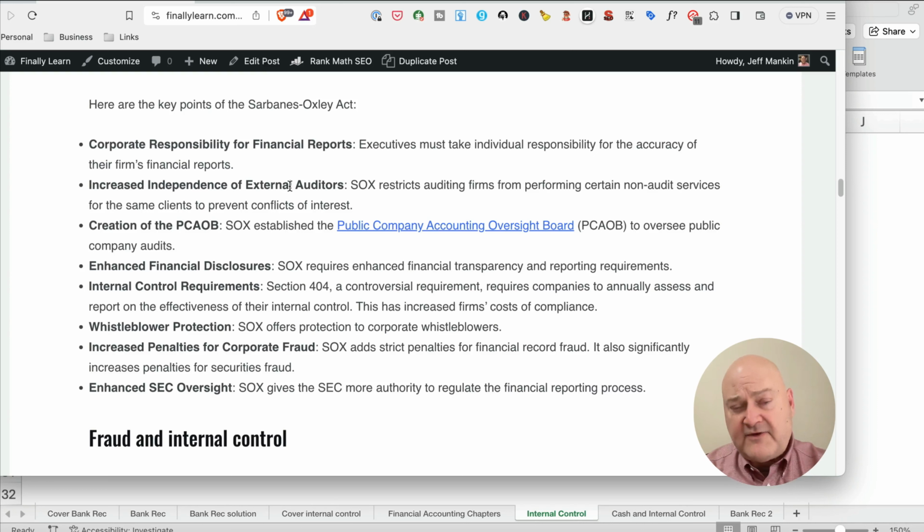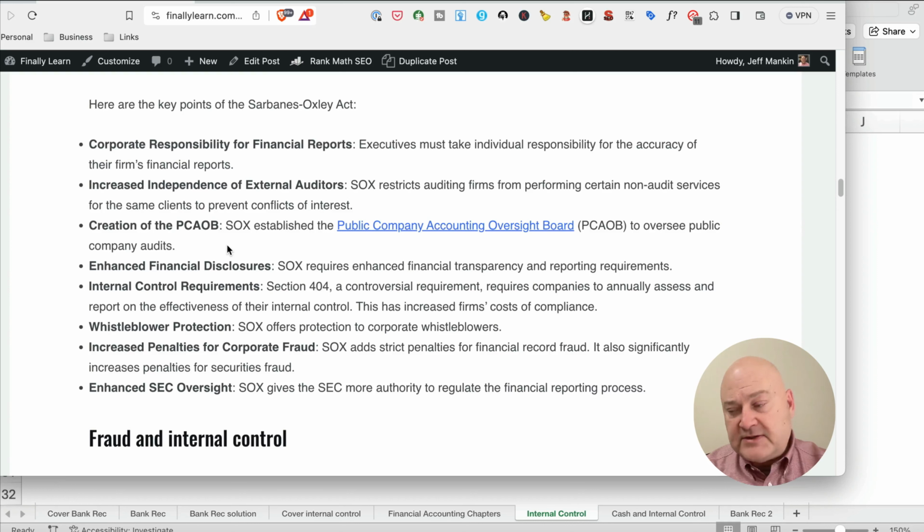You have to have an audit firm if you're a publicly traded company, and so therefore increased independence, trying to prevent conflicts of interest. The SOX Act created the Public Company Accounting Oversight Board, and I think some people call it peekaboo, which is kind of funny. And so there is now an oversight board to oversee public audits. And so that is in effect.